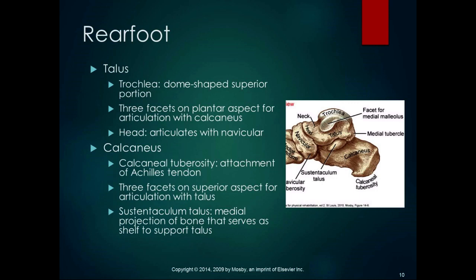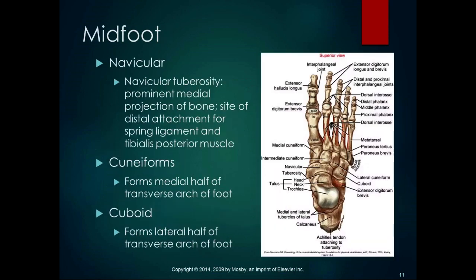I want you to try it on some other people too, because palpation takes practice. You have to grow those eyes in your fingers. You have to learn what things feel like. What does bone feel like versus tendon and muscle? So practice palpating, especially these harder ones like the sustentaculum tali. And of course, if we palpate it on a person, it's fair game for the practical.